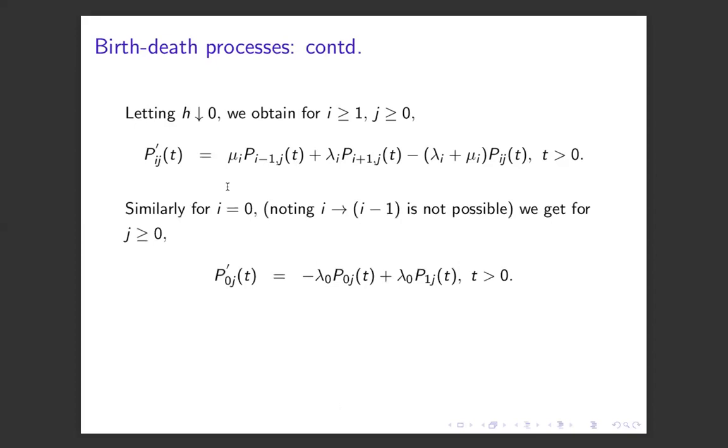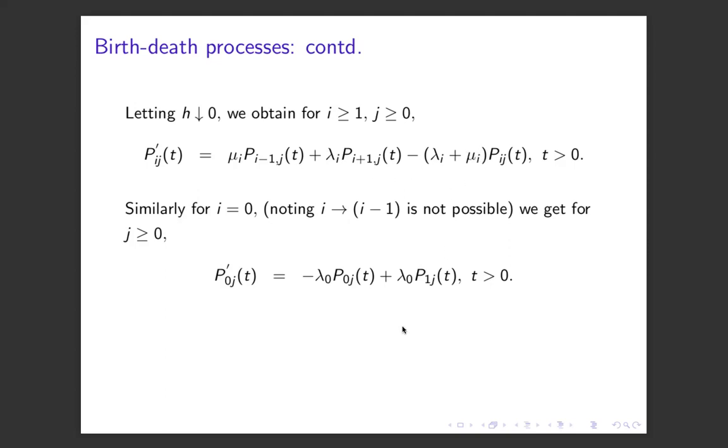And consider the case when i equals 0. Then i going to i minus 1 is not possible. So a similar argument will give you this. You can verify this. So since mu i will not be there, this whole thing will be missing, and here again this will be missing.